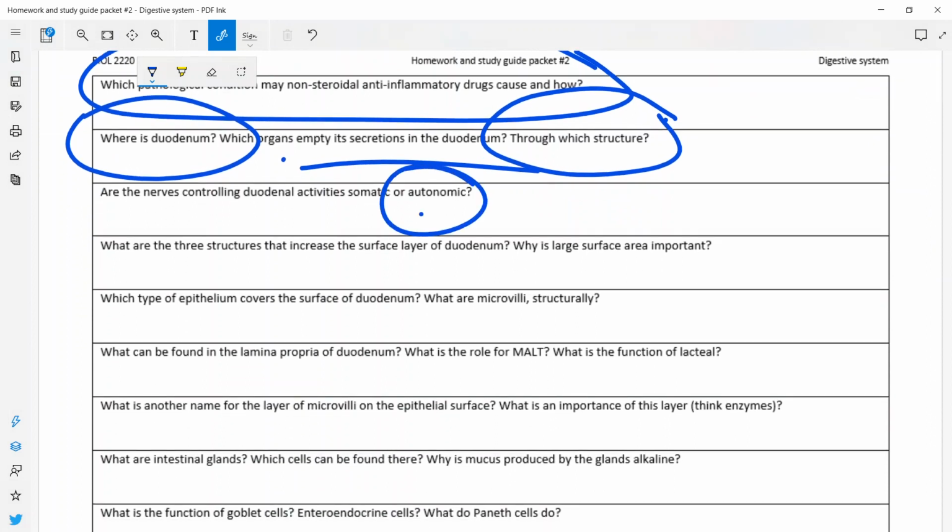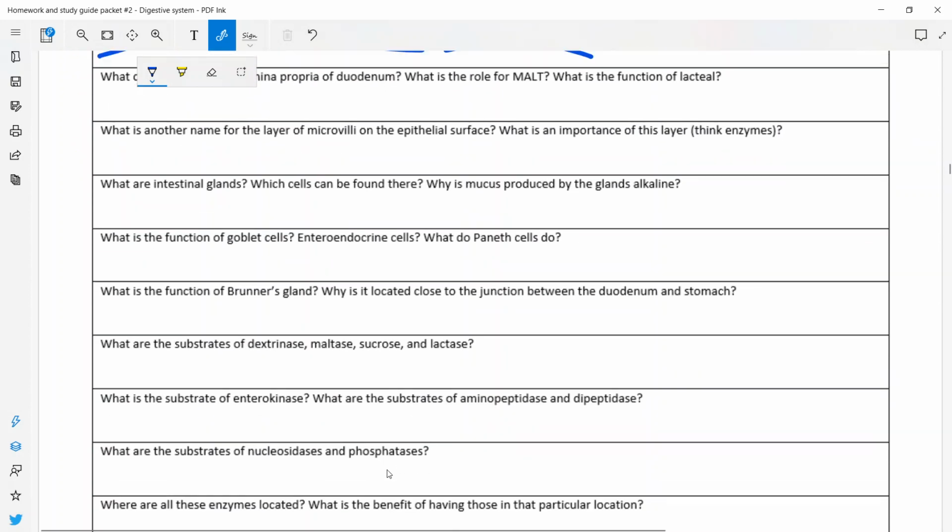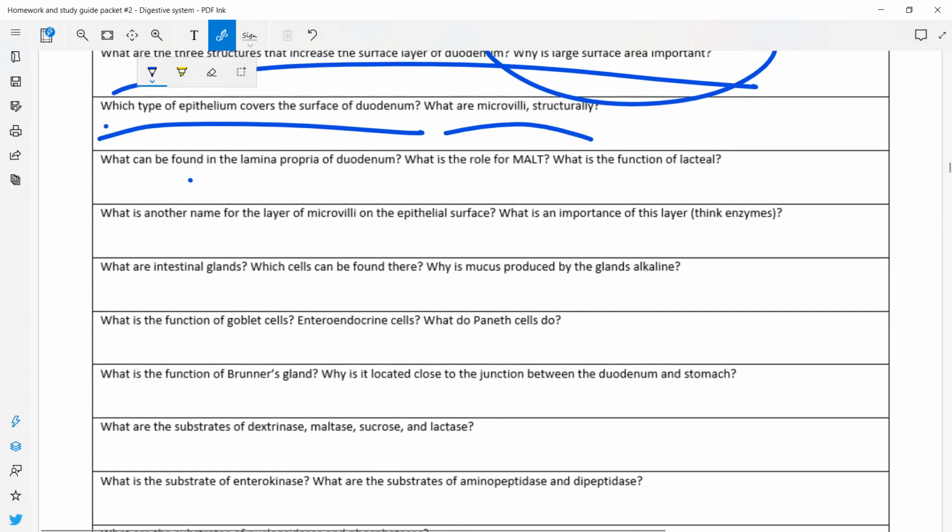Three structures that increase the surface area: circular folds, villi and microvilli. Large surface area is important for effective absorption. Columnar epithelium. Microvilli are folds of the membrane on the surface of columnar epithelium. Mucosa-associated lymphoid tissue in the lamina propria, as well as blood vessels.